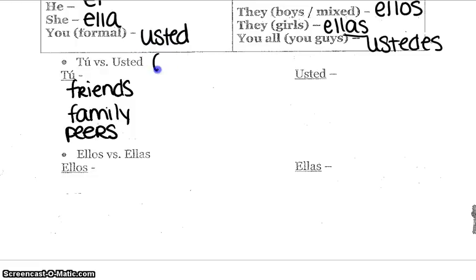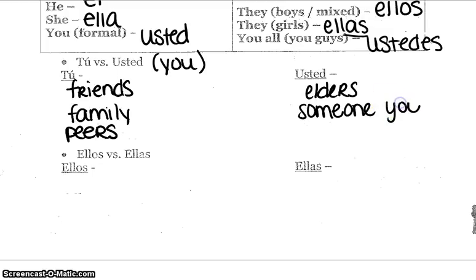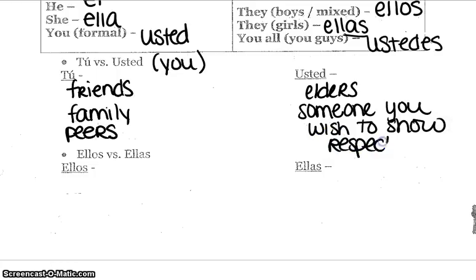Okay, they both mean you, but again, we use them in different scenarios. Usted we'll use with your elders or someone you wish to show respect to. So that should be a review from last unit.